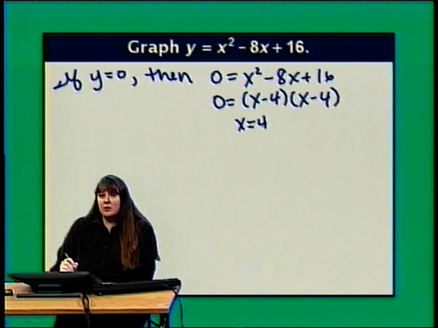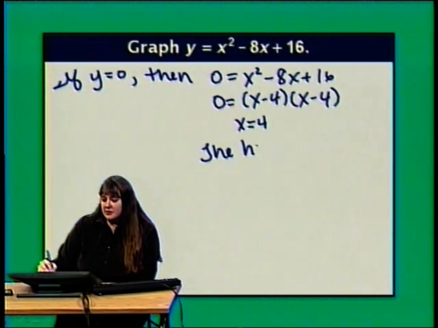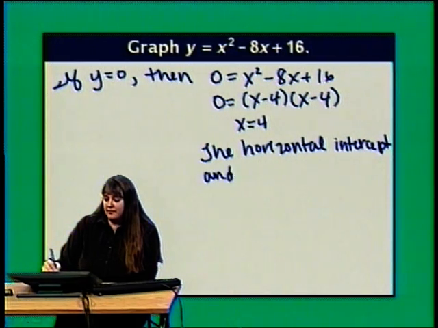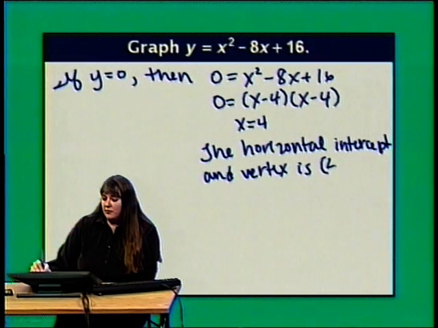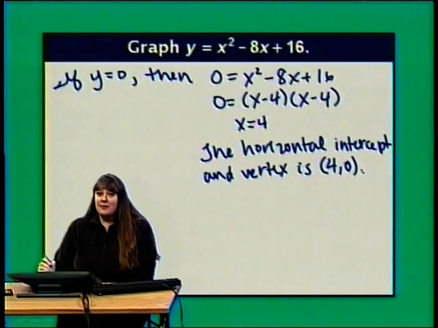So I only have one horizontal intercept. When we only have one horizontal intercept, the horizontal intercept is also the vertex of the parabola. So the horizontal intercept and vertex is 4, 0.